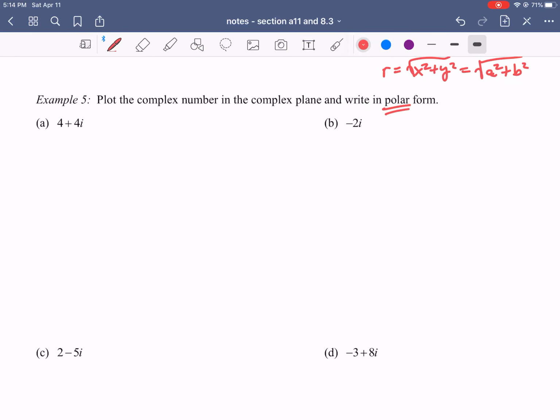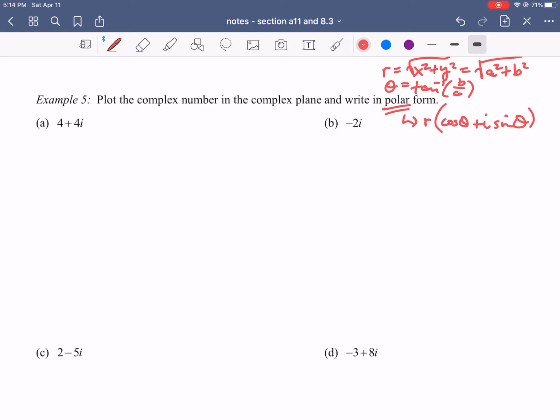And also that the angle theta is equal to the tan inverse of b divided by a, or y divided by x, or imaginary part divided by real part, however you want to think about it. And so what is polar form? Polar form is r multiplied by cosine of theta plus i times the sine of theta.